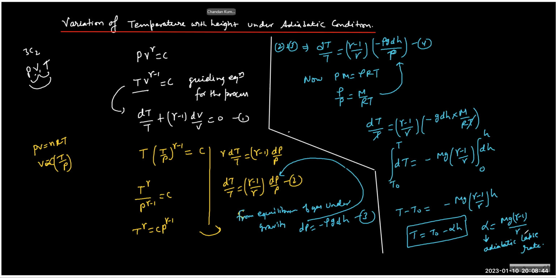But the molar mass of nitrogen, N2, is 28. And for oxygen, O2, it is 32. So if these masses are much heavier than water molecules, it means that dry air is actually heavy. It remains below and the clouds are actually lighter, so it goes up.